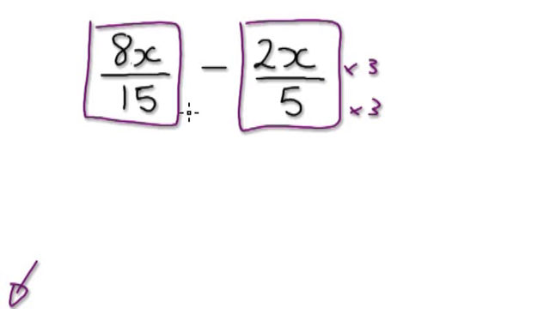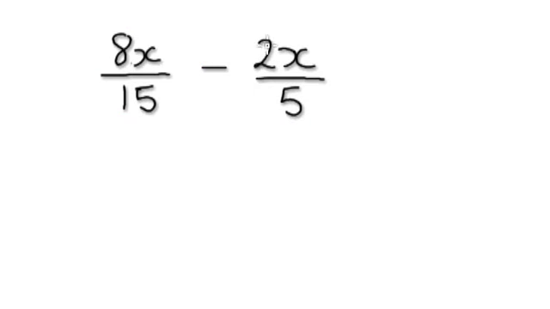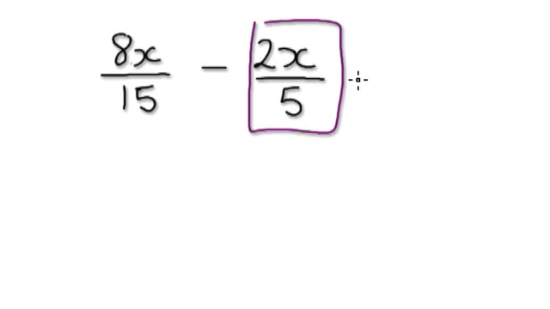That's an easier way than multiplying this by 5, and then multiplying over here by 15. Most of you will probably times this fraction top and bottom by 5, and this one top and bottom by 3. Well, an easier way is just to times this one top and bottom by 3.